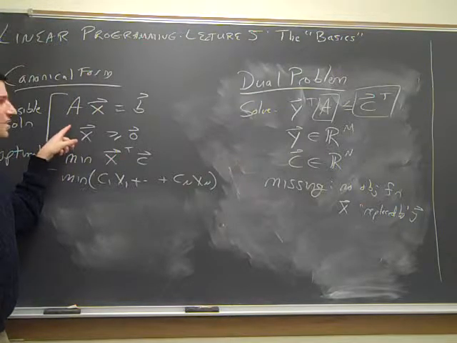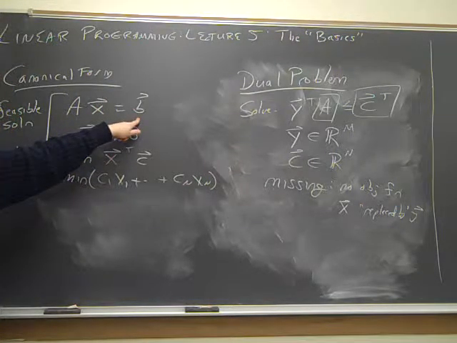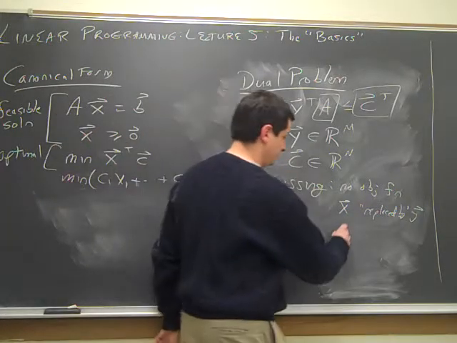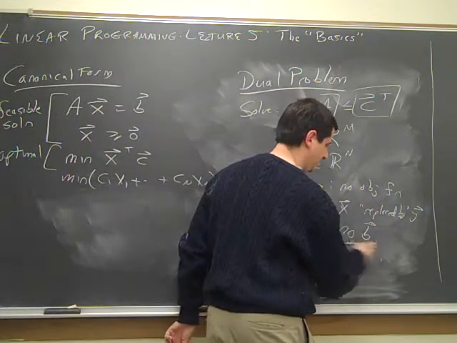Also the equal sign. There's an equal sign. b. Oh, b. Right? There's no b on this side.